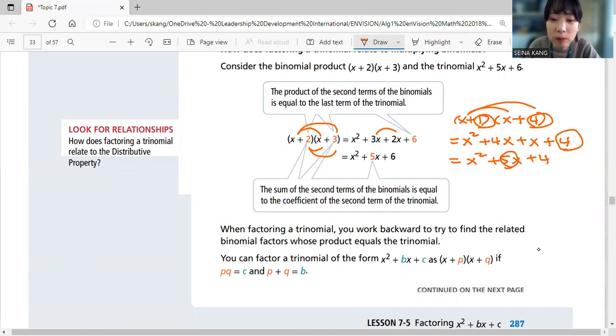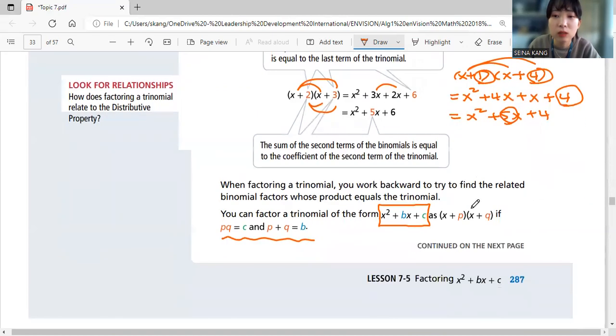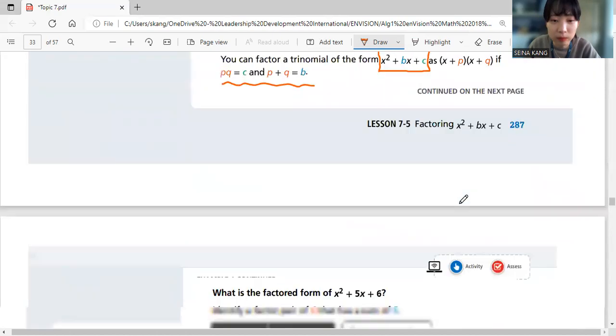So x squared plus bx plus c is equal to x plus p times x plus q, where pq is equal to c and p plus q is equal to b, okay? So let's try to use that and apply that with some problems.